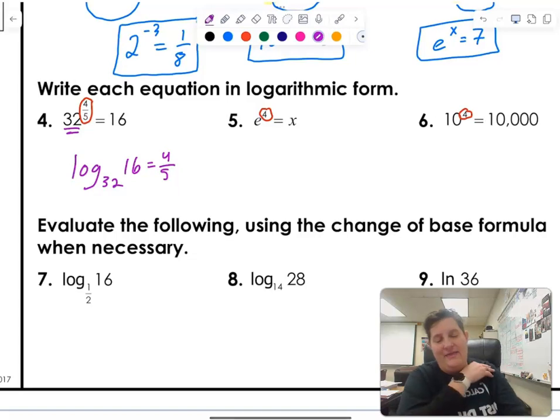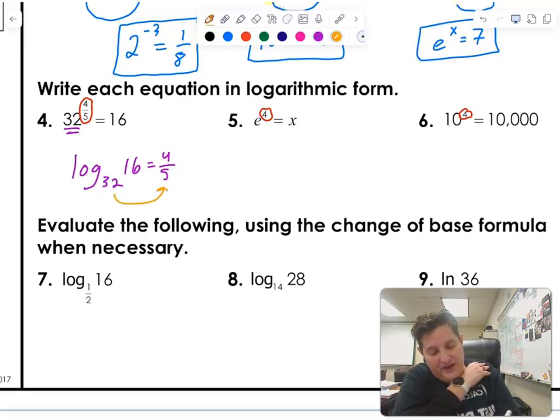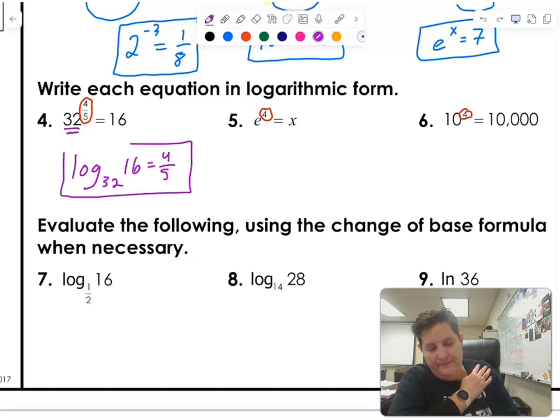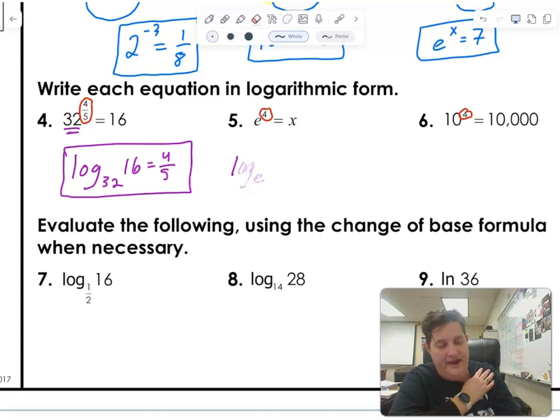Okay? And then, you know, if you want to, like, kind of check it like that, you can check it and make sure you did it right. Like, okay, it goes 32 to the 4th is 16. So the arrows will help you, like, check that. All right? This would be log base e. Now, as soon as you realize you're putting log base e, you're like, oh, yeah, we call that the natural log.